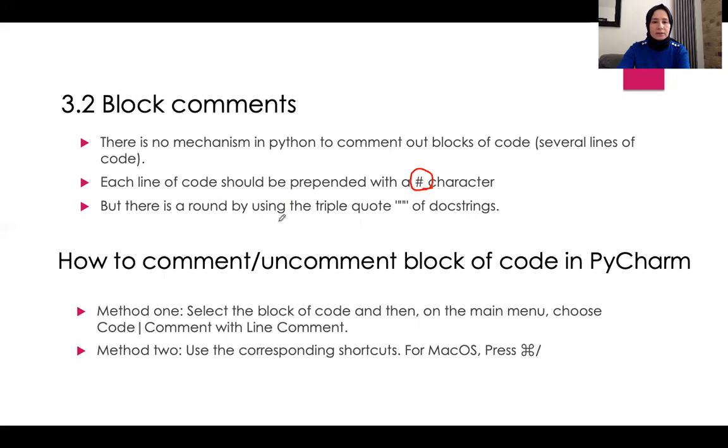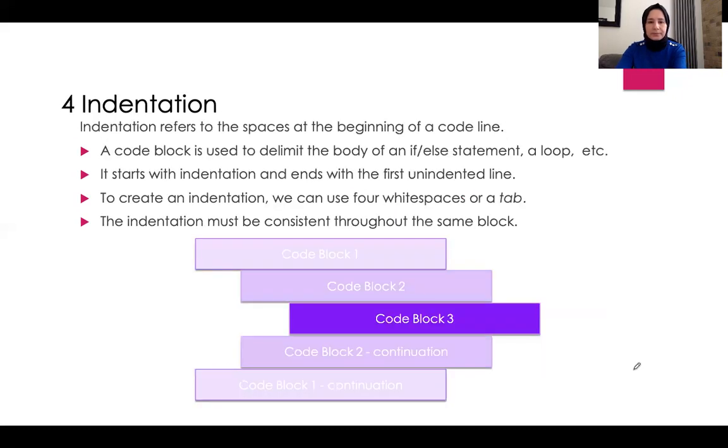But there is a workaround by using the triple quotes of docstrings. And there is some specific information here especially for users of PyCharm. There is a shortcut for commenting and uncommenting a block of code, and you can follow the steps to learn about the shortcut for doing this in PyCharm.